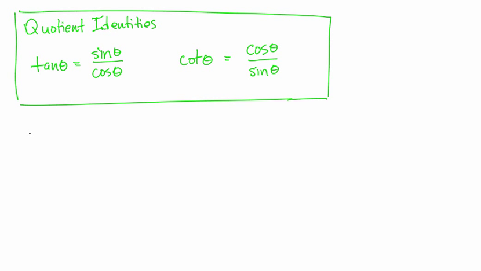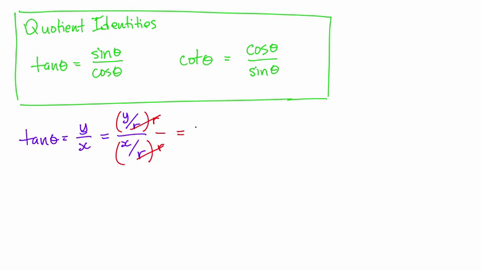So let's start with tan theta. Well, tan theta is y over x, and I want to try and show you that that's the same as sine theta over cos theta, and sine theta was y over r, and cosine theta was x over r. And notice if you take the top of this fraction and you multiply it by r, and the bottom of the fraction you also multiply it by r, so just making an equivalent fraction, that you can cancel out the r's, and this gives you y over x.